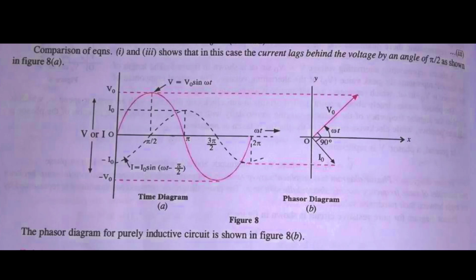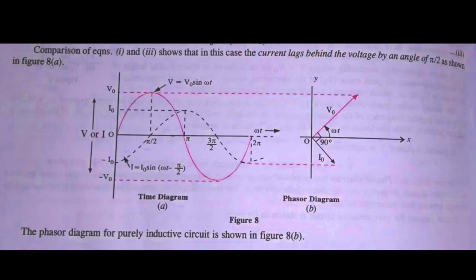You can see in the phasor diagram that the voltage is leading the current. The voltage is leading by an angle of 90 degrees, as shown in the phasor diagram. Voltage is in the positive XY plane and the current is in the XY dash plane. Similarly, we can draw the time diagram along with the phasor diagram.